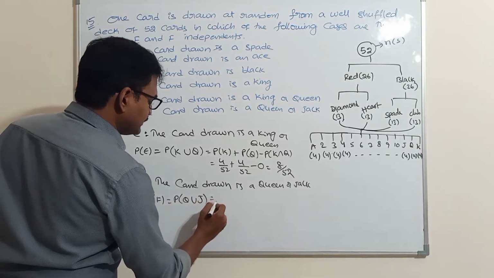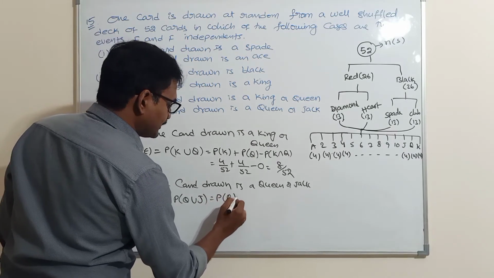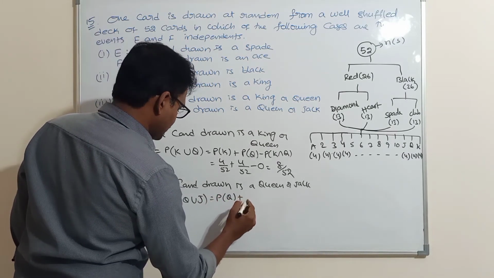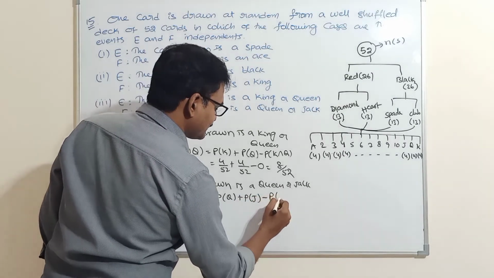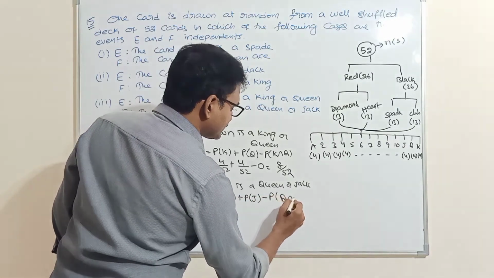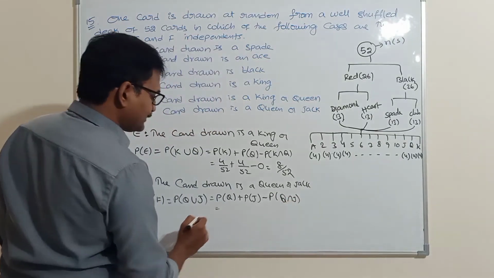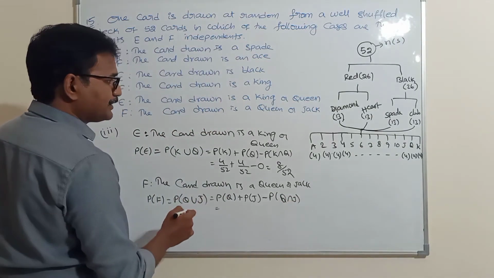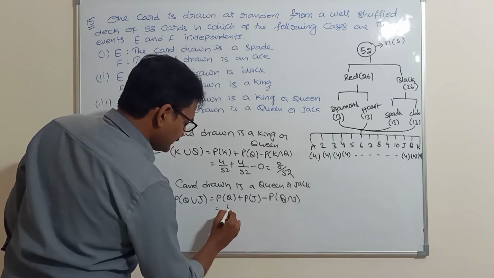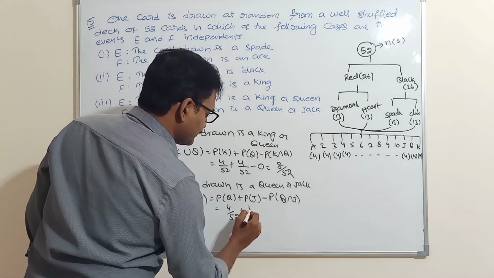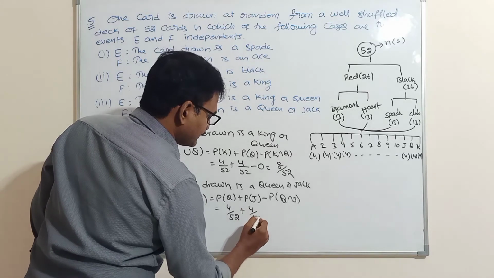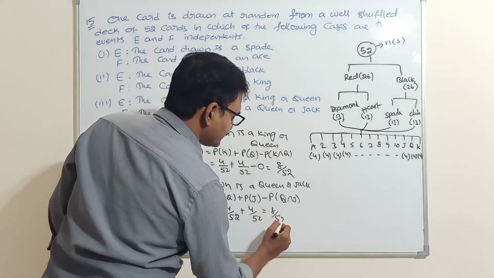That means, according to the addition theorem, this is equal to P of Q plus P of J minus P of Q intersection J. So what is P of Q? Probability of drawing Q card is 4 by 52 plus J is 4 by 52. That means 8 by 52.